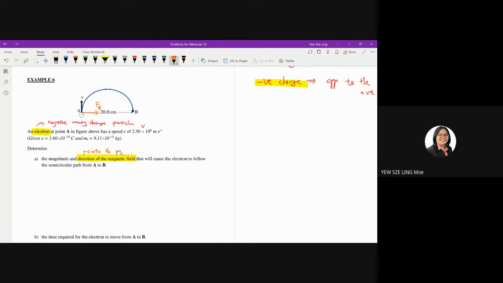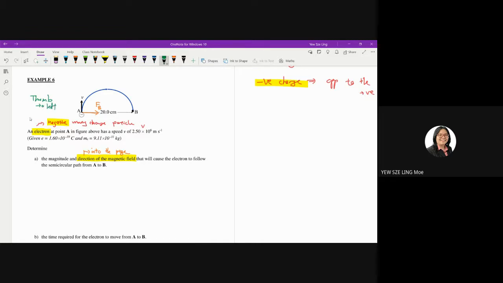Into the page. So remember, now you have a negative charge particle. So the direction that is opposite to your thumb is the direction of the force. So force going to the right-hand side. When you want to determine the directions by using your Fleming's hand rule or your right-hand grip rule, you let your thumb point to the left, because now you have a negative charge.